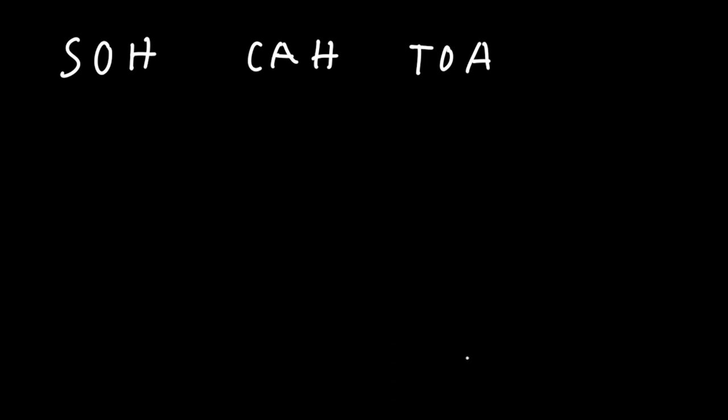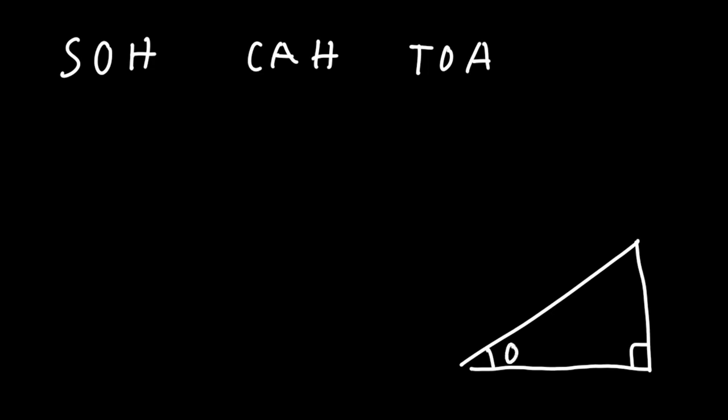Now let's recap. Draw a right triangle to make better sense of this. Sine of theta is opposite over hypotenuse.